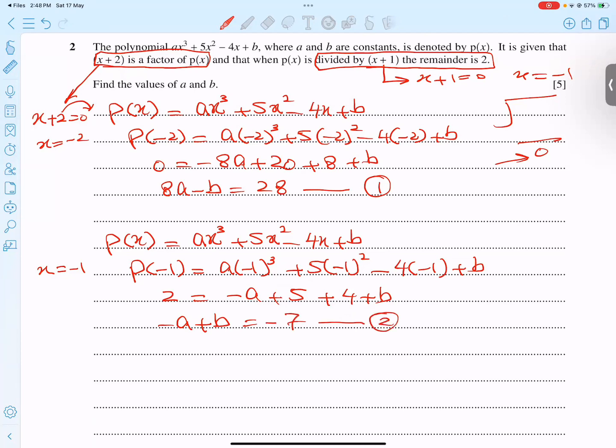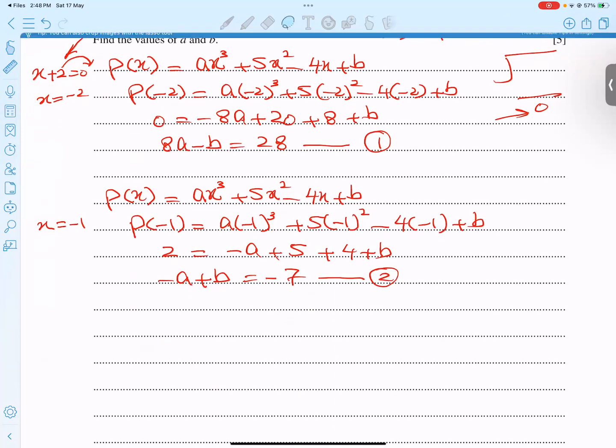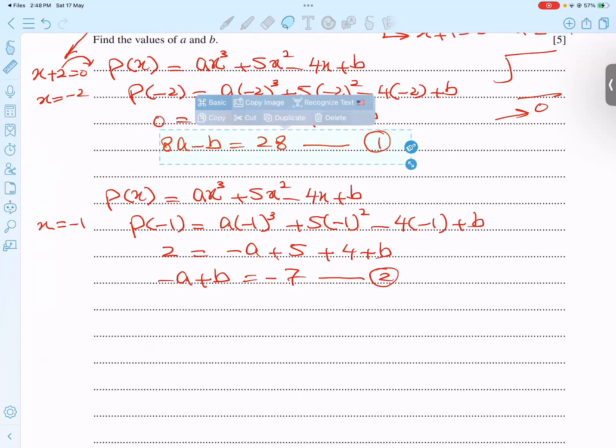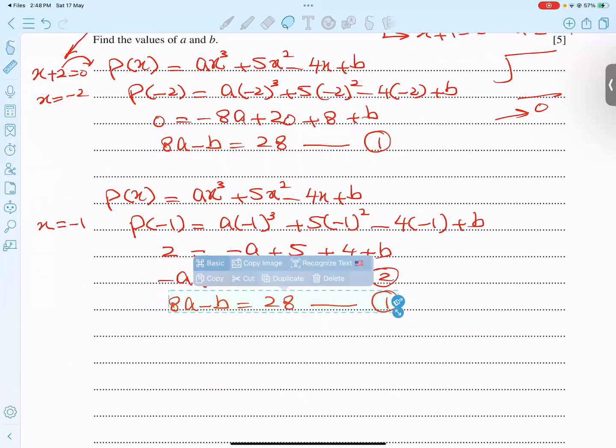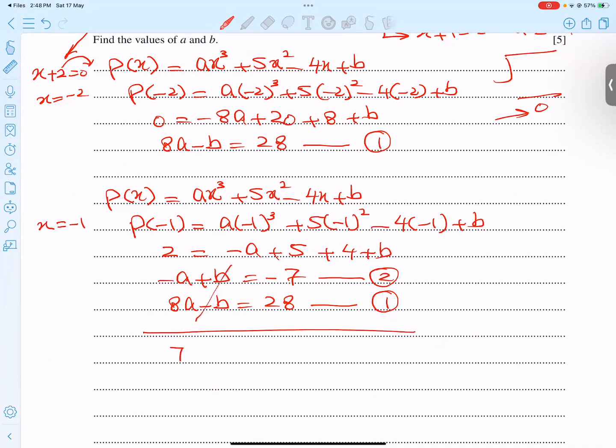Equation number 2 done. So if I copy paste the top equation, so copy this equation at the top. How can I solve it now? Obviously, this b cancels, 7a, and I got 21, not negative 21. And the a value becomes 3. And this 3, you plug in any 1 or 2.